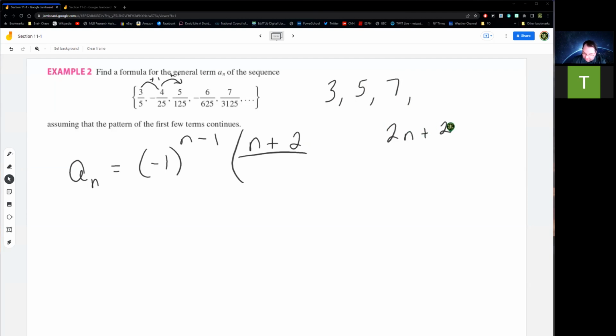Actually, this one's going to be different: 2n plus 1. So it'll give you the 3, then the 5, then the 7. So that's the value that's actually being the one added on the top.